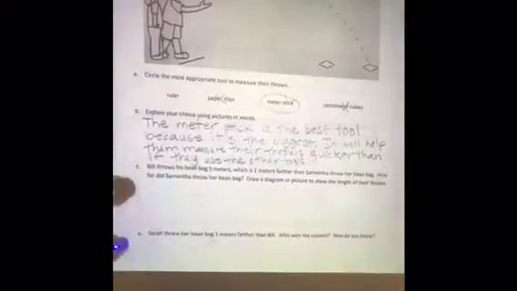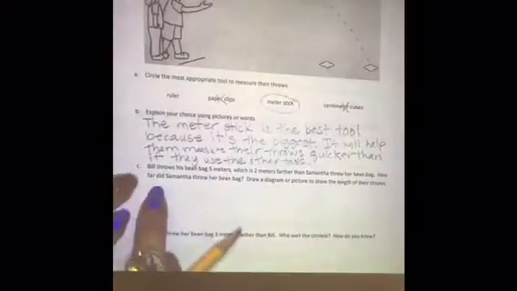So the goal here is for kids to understand that using the larger tool is the most efficient because they can measure more accurately and more quickly.